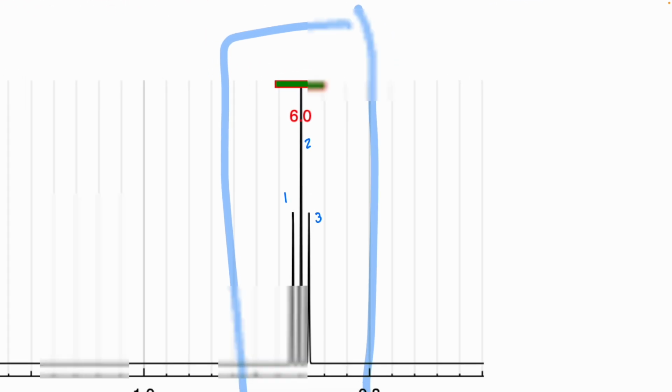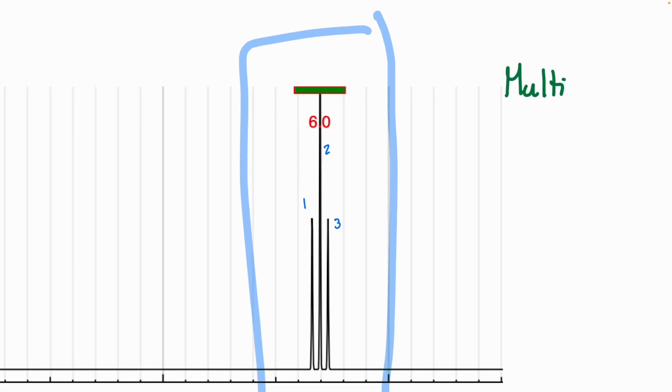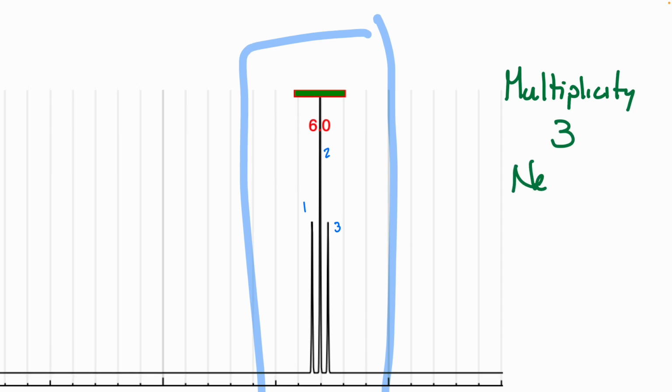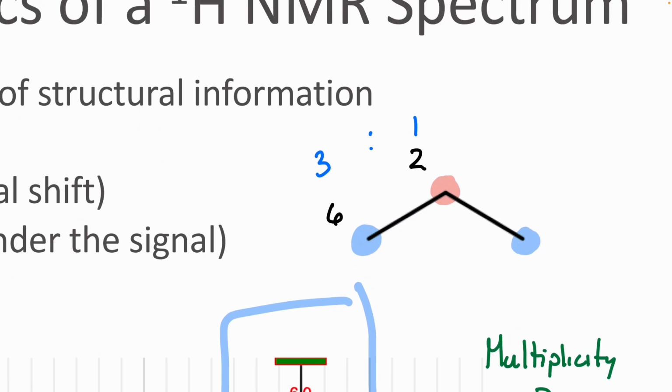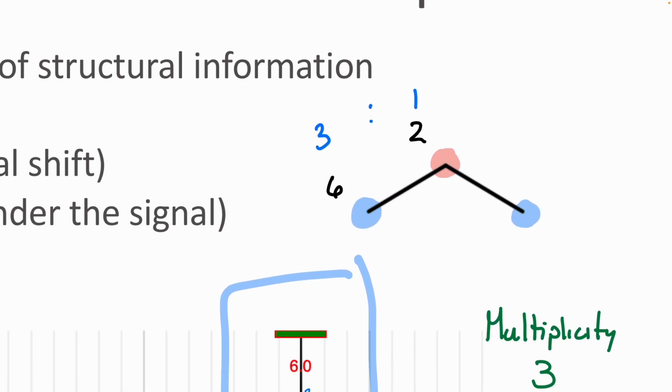This group has a multiplicity of 3. So how many neighboring hydrogens must this group have? 2, right? Multiplicity minus 1. And if we look, are those blue hydrogens neighbors to 2 other hydrogens?